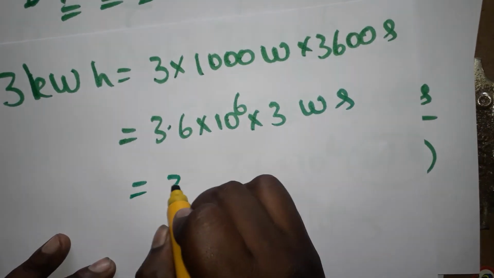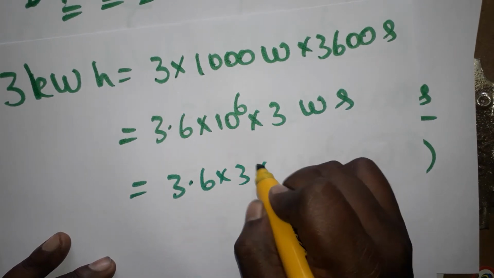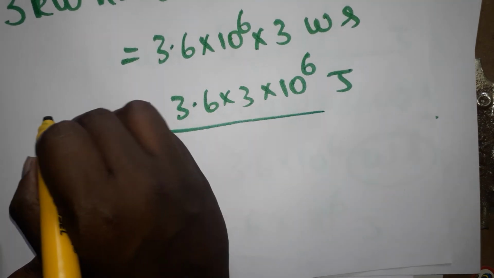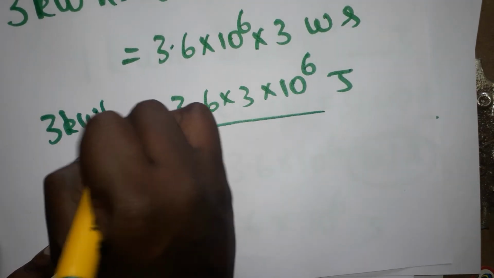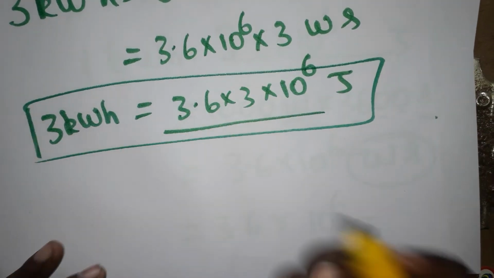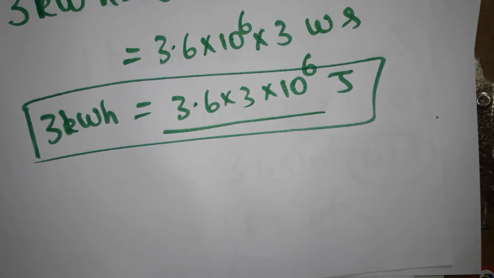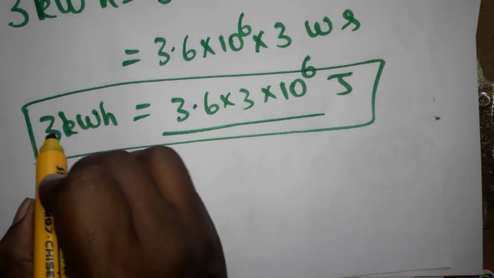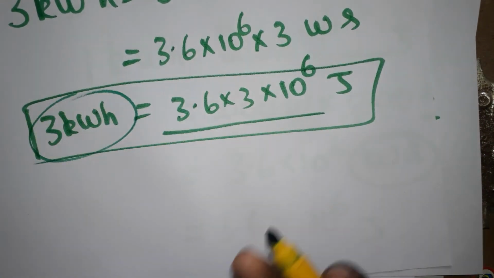So that is 3.6 into 3 into 10 power 6 joules. Just a simple calculation, and we get 3 commercial electrical units. In case the electric bill rate is 5 rupees per unit, 3 times this value we will get as the electric bill. That we will learn in another video.